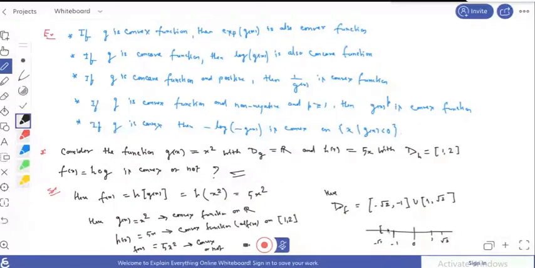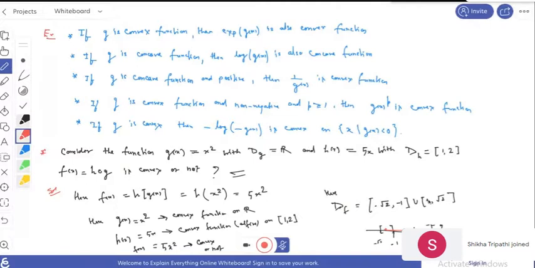So you take this interval and this interval and their union. This is not a convex set, because if we take one point from each interval and join them with a line, the whole line segment does not lie in this set. So this set is not a convex set.